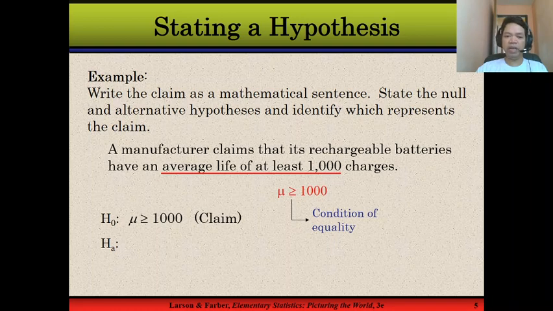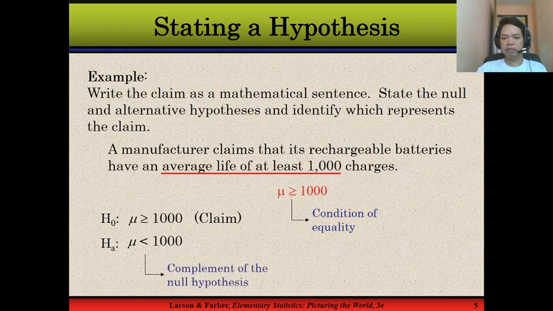And that is the claim. Kasi yung kiniklaim ng company na yung kanilang battery have an average life of at least 1,000 charges. So ano ang complement ng greater than or equal to? Siyempre, yun yung magiging alternative hypothesis mo. That is less than. So yung mu is less than 1,000. And that's the complement of your null hypothesis.